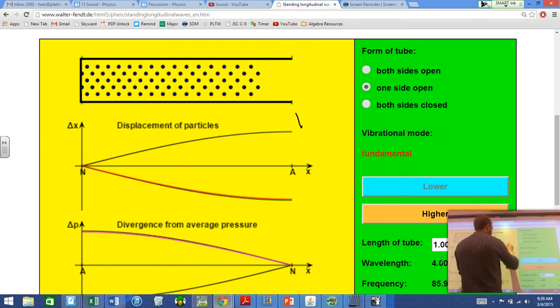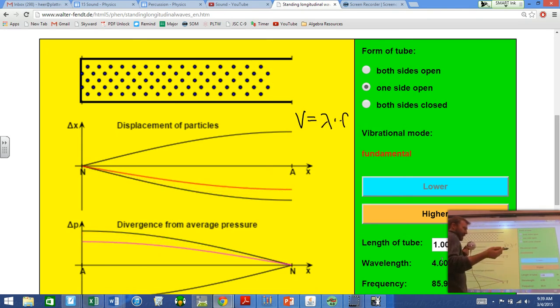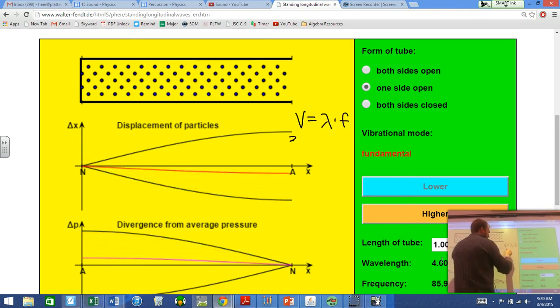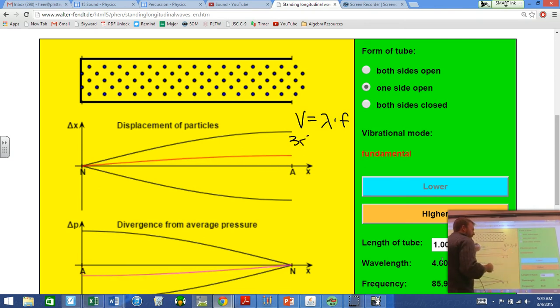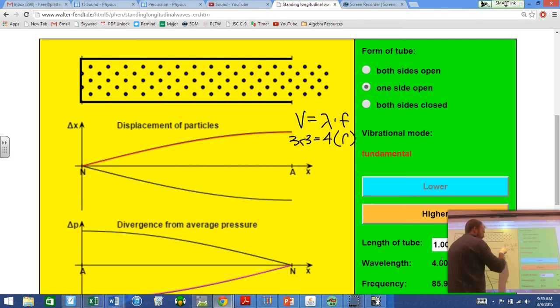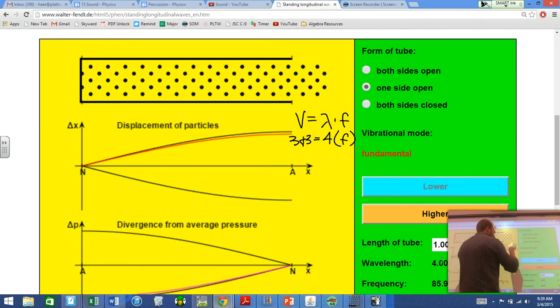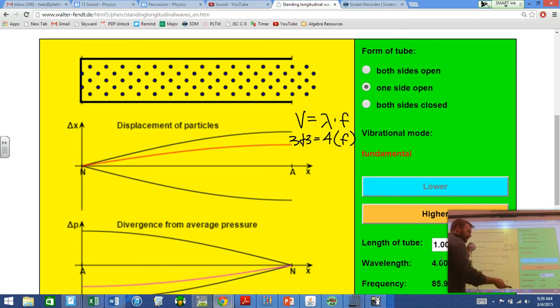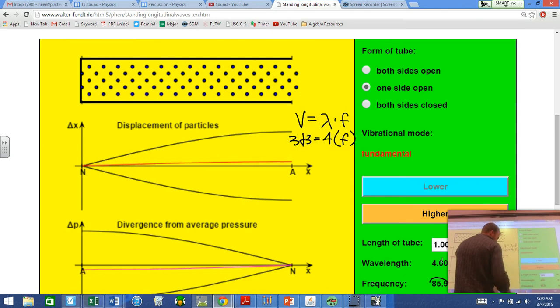The velocity is 343 and the wavelength is 4, so you figure out the frequency by taking 343 divided by 4, which gives you a frequency of 85.9.